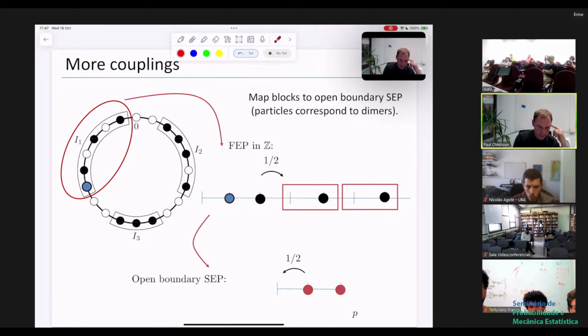In particular, the particle holes move again according to exclusion dynamics. This leftmost particle here can move to the left, which corresponds to introducing a new dimer into the open boundary exclusion process.